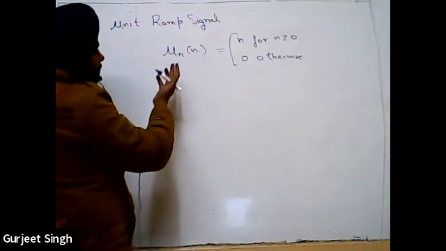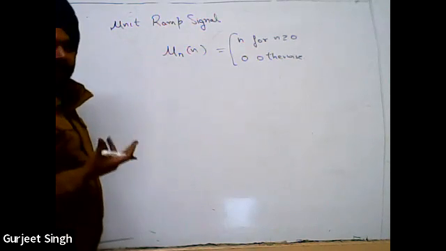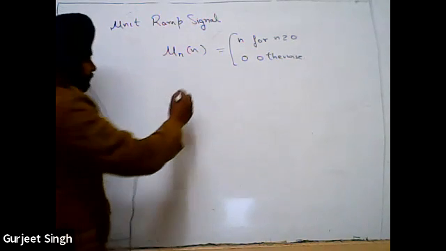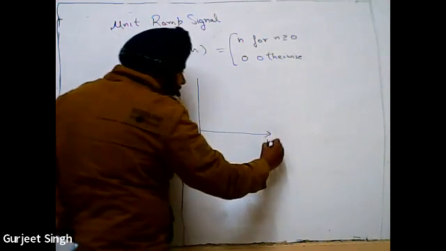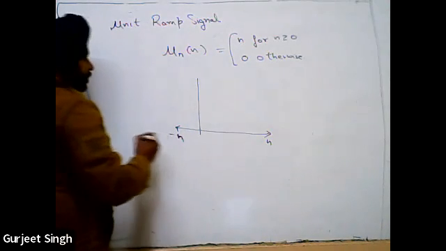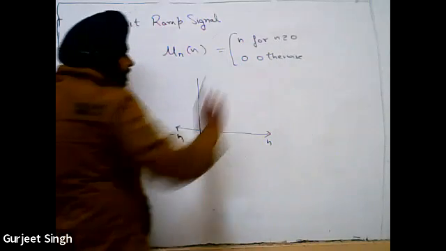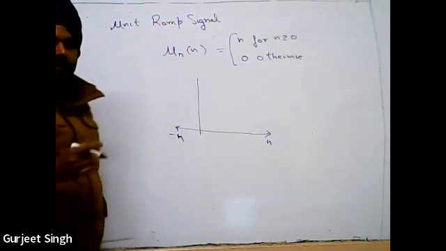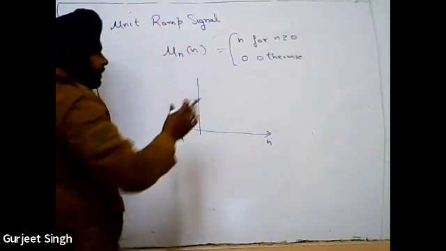So how to represent this unit ramp signal graphically? First of all, we will take the x-axis as n. Its value is n for n greater than or equal to 0, means we will find out the values of the unit ramp signal for the positive values of n.